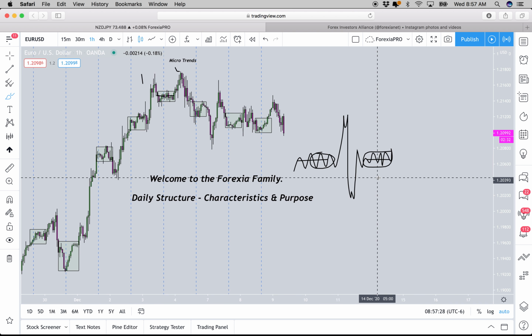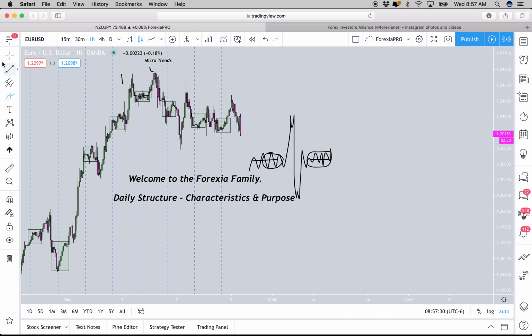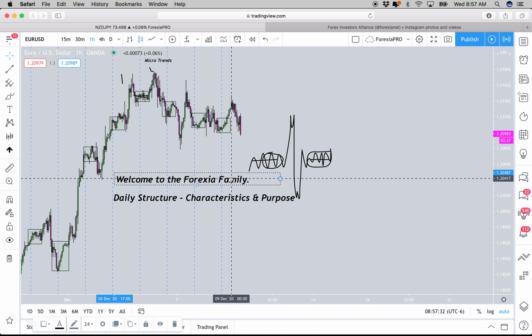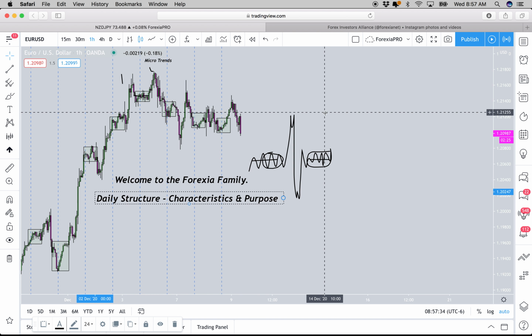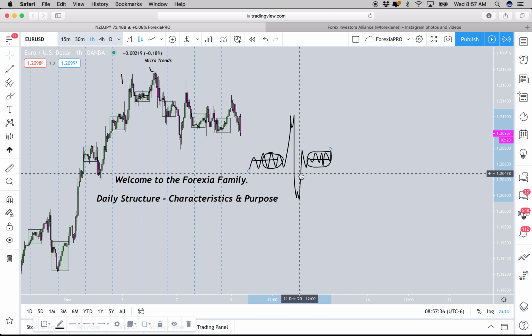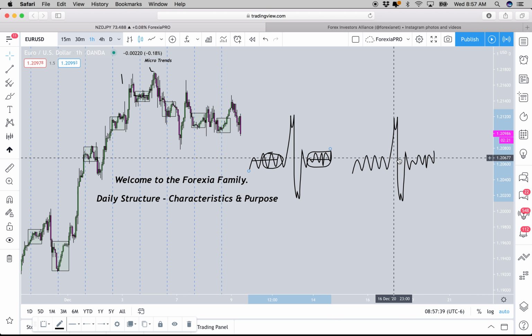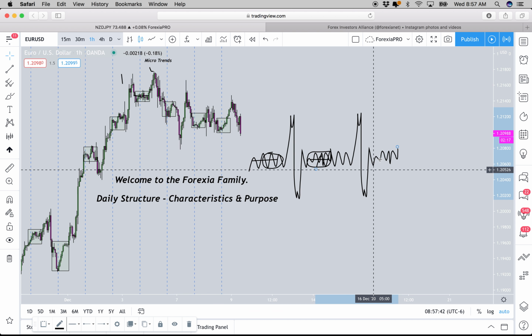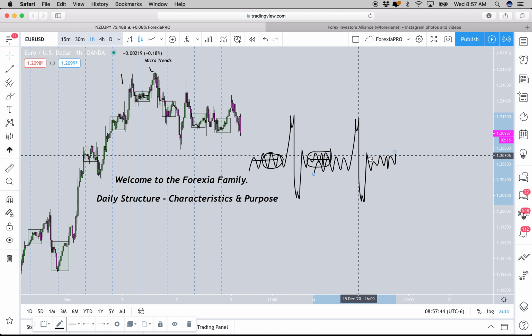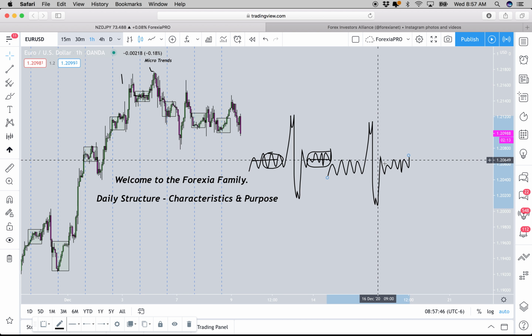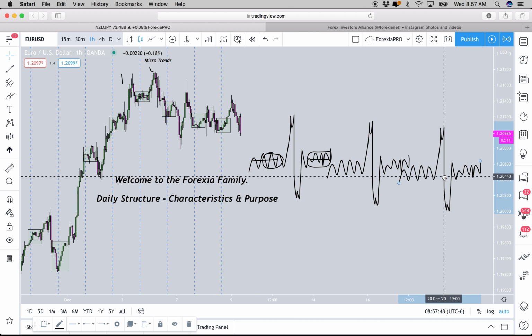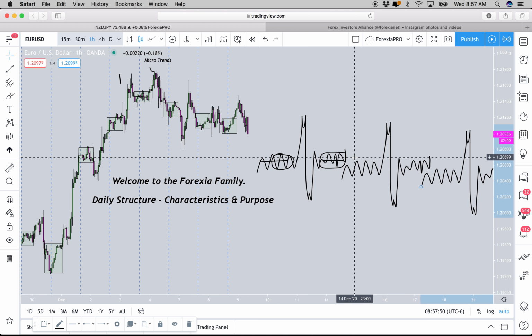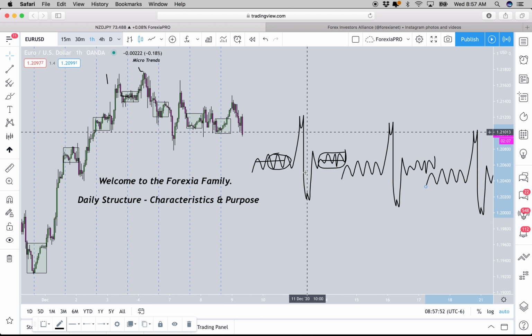Okay, so you guys, I really want to break this down as much as I can here without it being boring or anything like that. Hopefully it's not boring. Let's take this and realize what is actually going on here. So this is that daily structure, right?